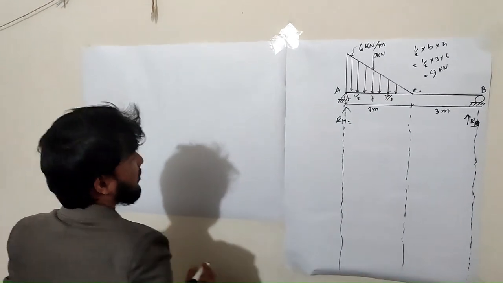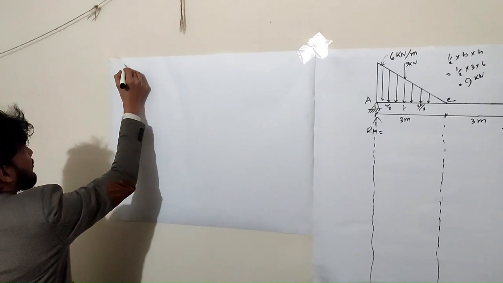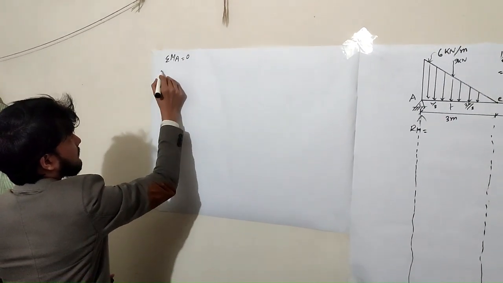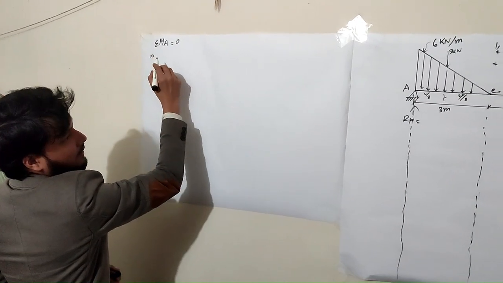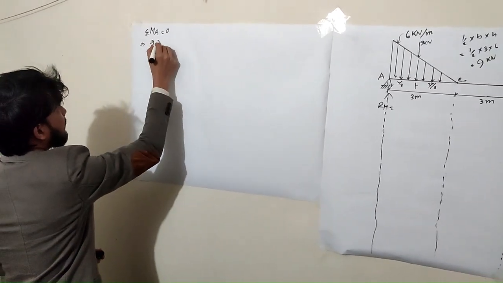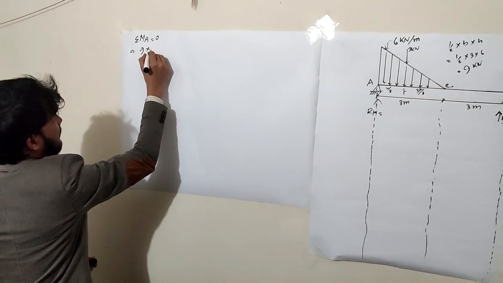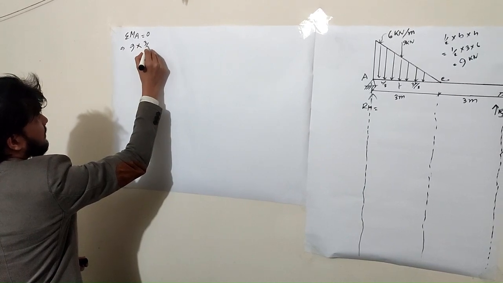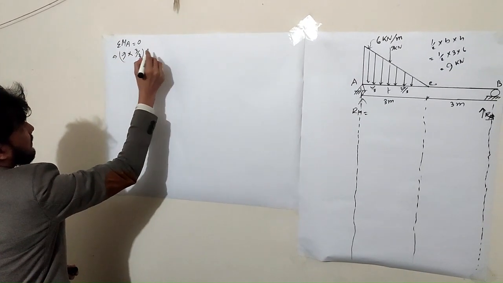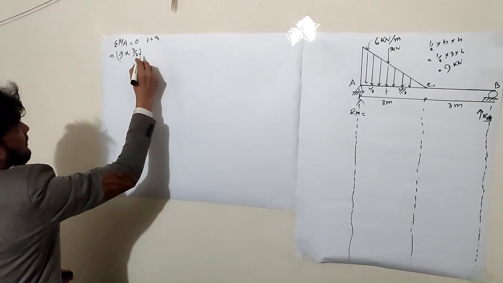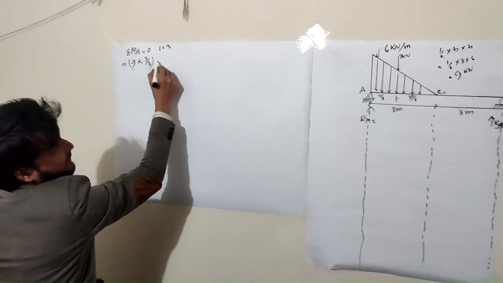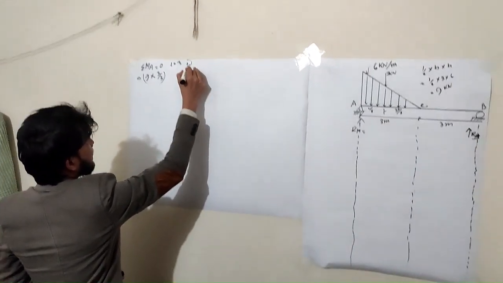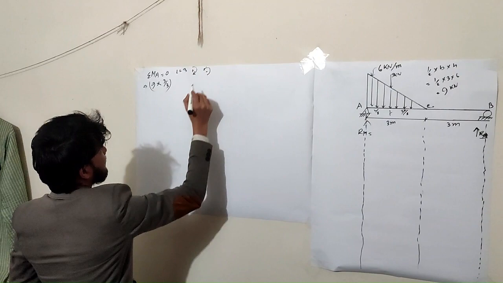So we need the moment equation to find RA, the reaction. Summation of moment at A equal to 0. So moment, 9 into L by 3, where L is 3. Clockwise is positive and anti-clockwise is negative.